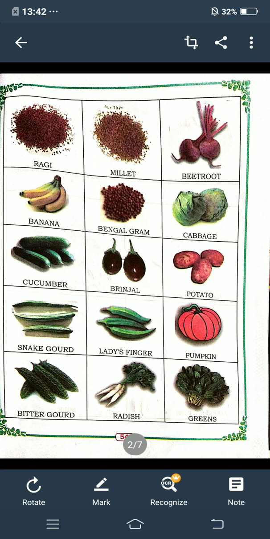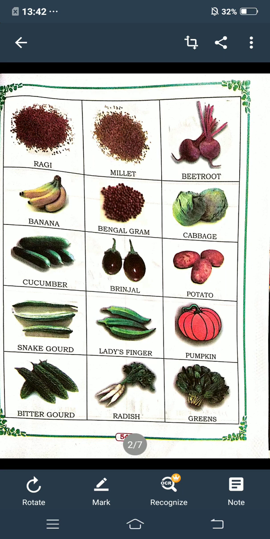Which are vegetables? Beetroot, cabbage, cucumber, brinjal, potato, snake gourd, lady's finger, pumpkin, bitter gourd, radish, greens. These are all vegetables, and banana is a fruit.